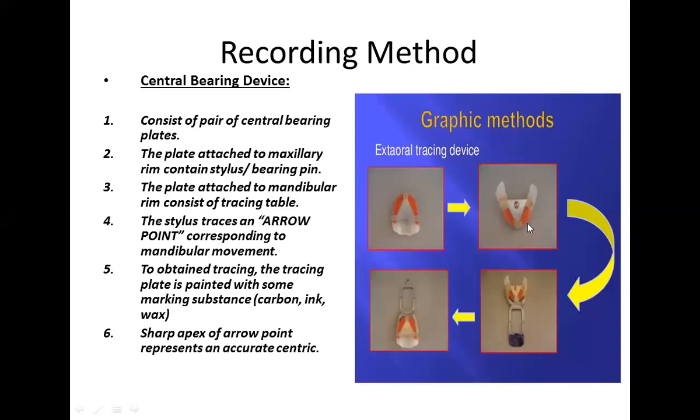The same thing which we do in the intraoral method is performed in the extraoral method. Here the bearing plates are a bit different. They have some extension, and you can see whatever tracing you get over this table extraorally. So this method is comparatively easier to see than this method.